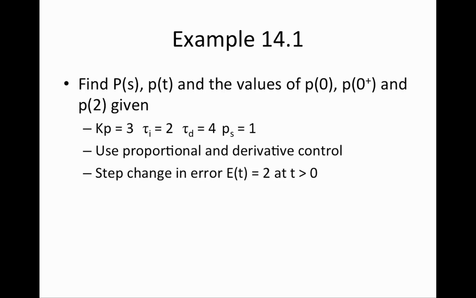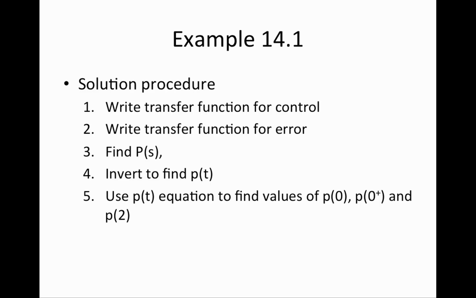Step change in error ET is set to 2 once the control system starts to run. So the solution for such a question can be found with the following several steps. First, write the transfer function for control, and then write the transfer function for error. Based on these, you can find your PS, and then you can invert it back to PT. And by using the PT equation, you can find values of P0, P0 plus, and P2.